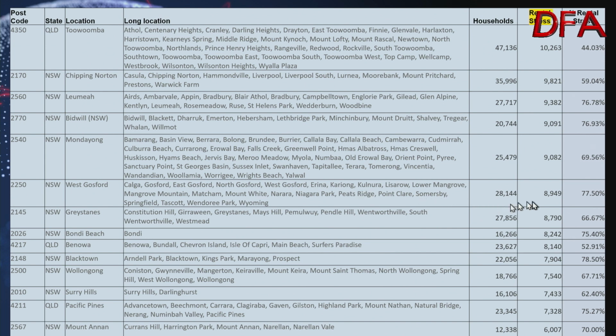That's a particular hotspot for rental stress at the moment, as well as Wentworthville and Westmead in Western Sydney. So you can see here that quite a few of those. Bondi's on the list there as well. Wollongong is on the list because of the fact that people are actually having to pay quite a lot more. Darlinghurst. So a lot of New South Wales. Also worth noting that Pacific Pines up in Queensland is on the list too.